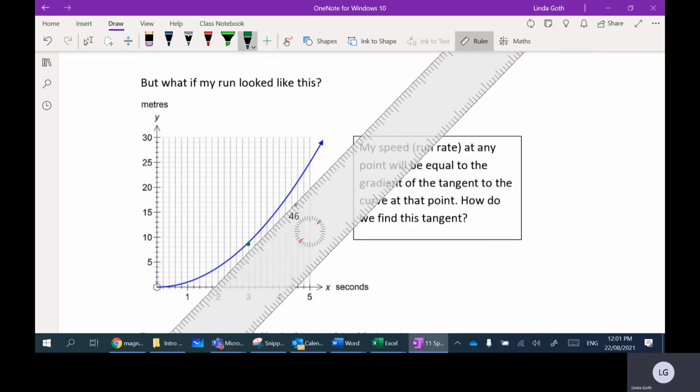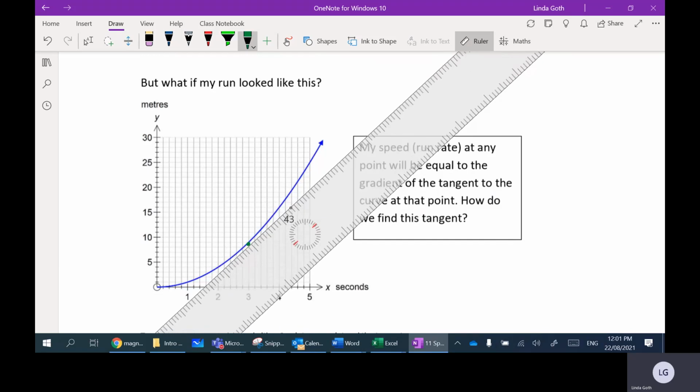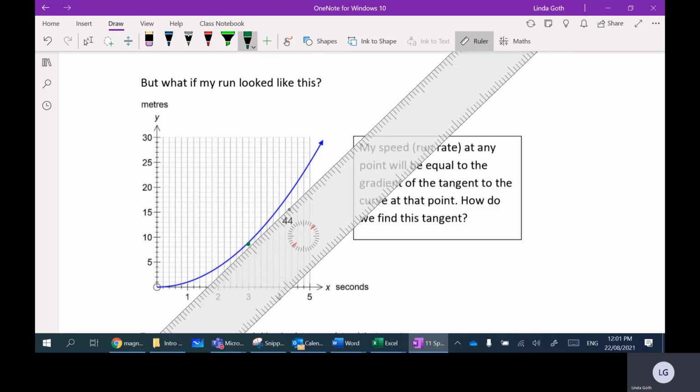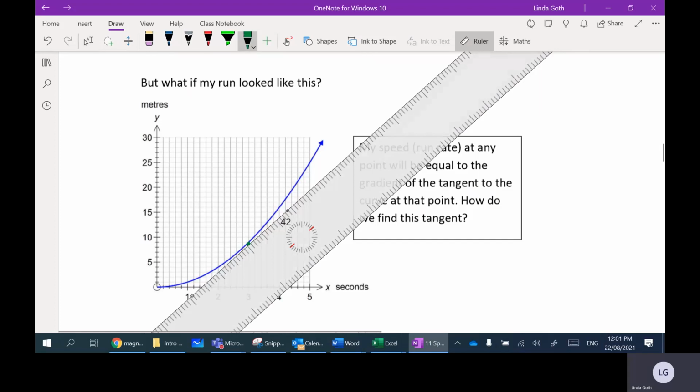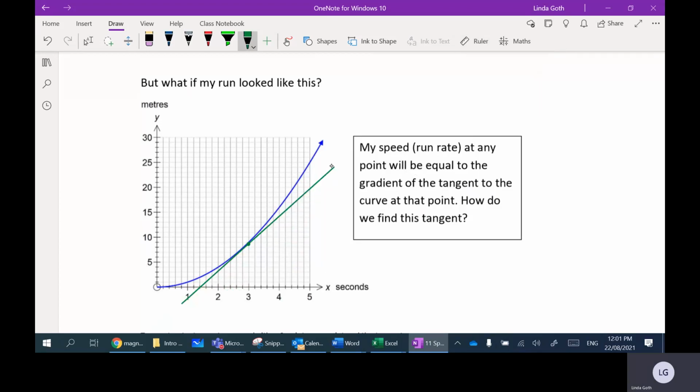So I'd get my ruler and I'd say wherever that tangent is, so that it just touches that curve, I'd have to find the gradient of that line there, and that would tell me my rate of running at that instant.